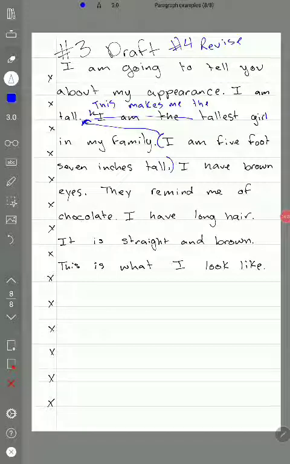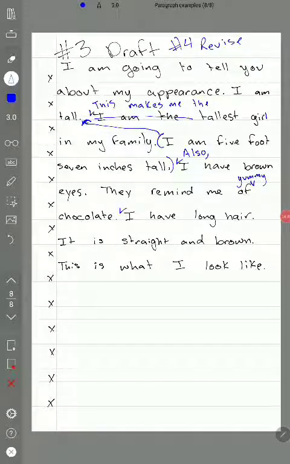So then I'm going to add the transitional phrase also, comma, I have brown eyes. They remind me of chocolate. How about I add a verb or an adjective here? I'm going to say yummy chocolate. They remind me of yummy chocolate.